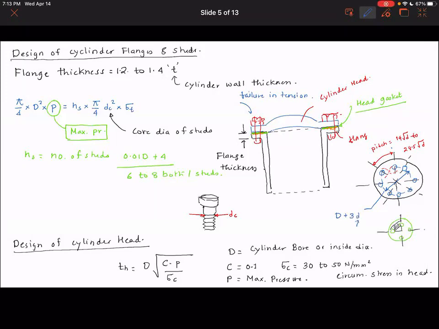So this is the bolt or stud diameter, and this is the bore. And this is pretty much the design of the cylinder.